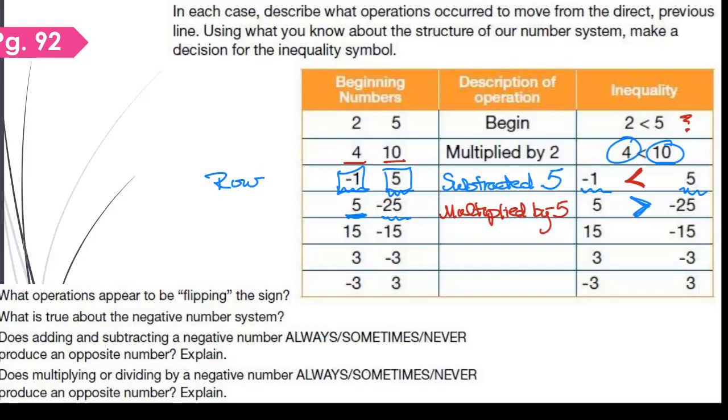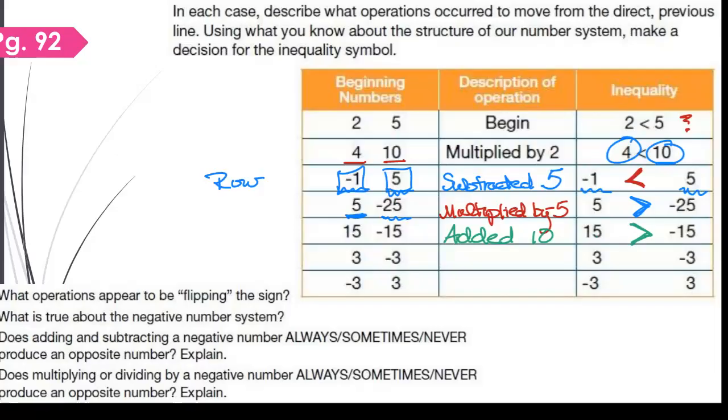Okay, what did we do to get from 5 to 15 and negative 25 to negative 15? Add 10. We added 10, and when we added 10, we got 15 and negative 15. How does 15 compare to negative 15? Greater than. All right, keep going on.